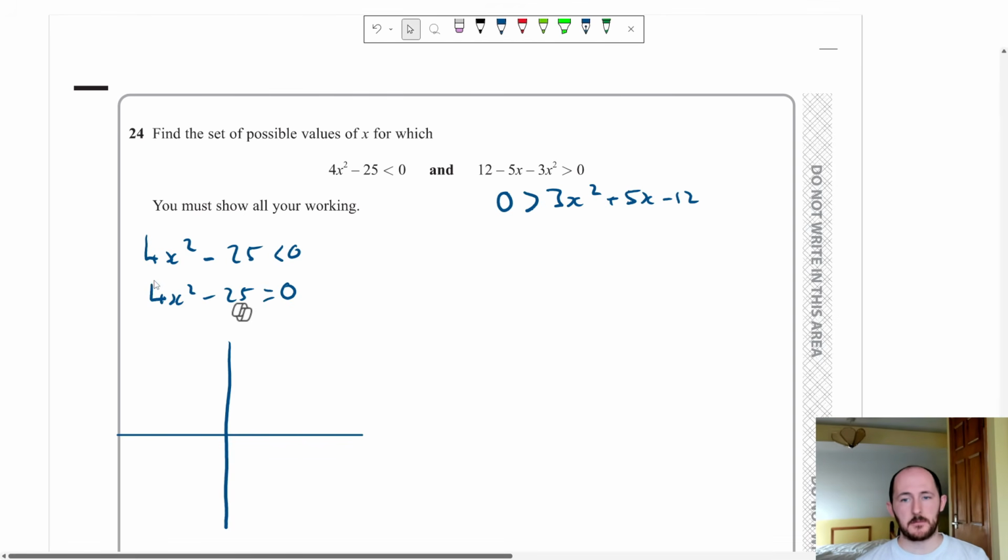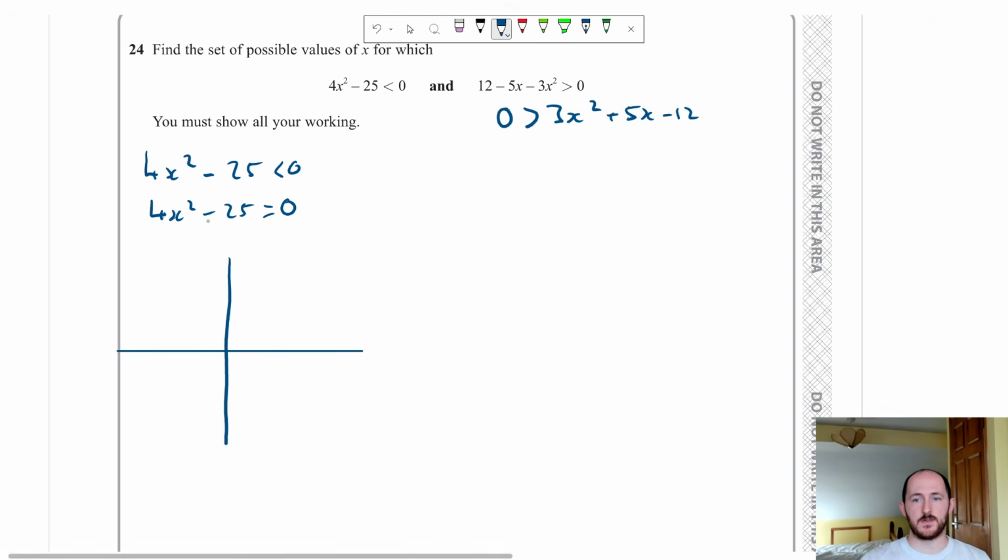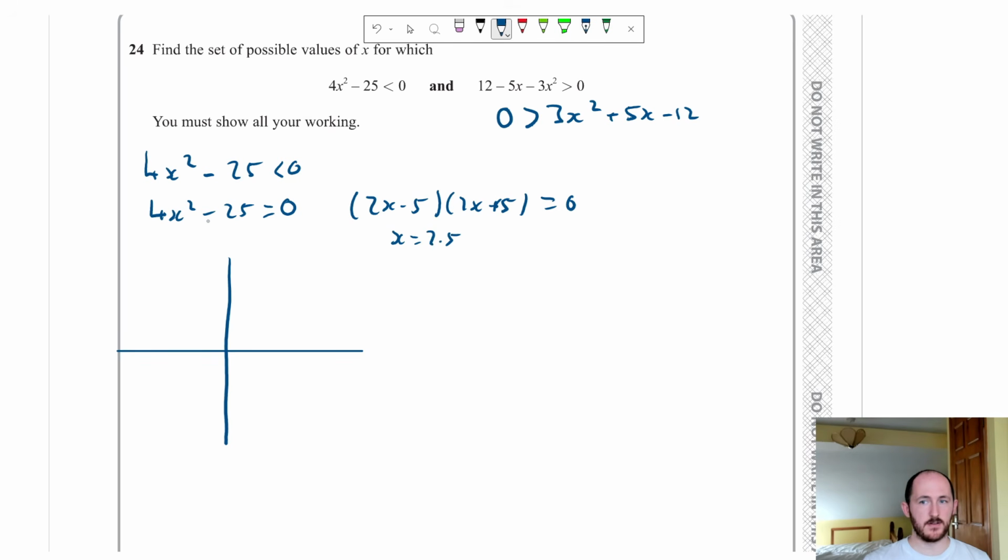Okay? So some people learn the process, they just do this and they don't understand why. Remember, all we're doing here is we're going to sketch both of these graphs and we're going to look for the values for which this graph is less than 0 and this graph is less than 0 as well. So, that's just difference of 2 squares, so that's just 2x minus 5, 2x plus 5 is equal to 0, which means you either have x is 2.5, 5 over 2, or x equals minus 2.5.